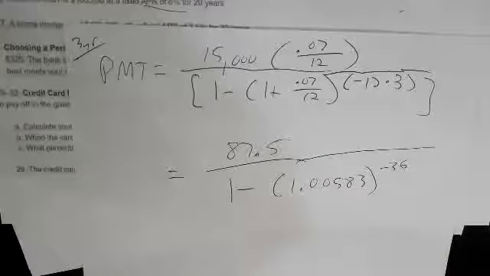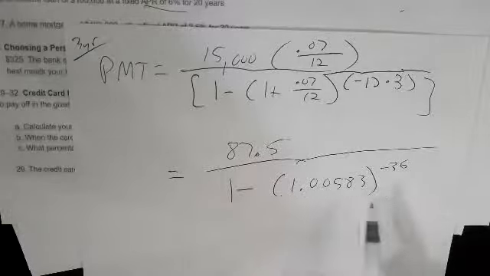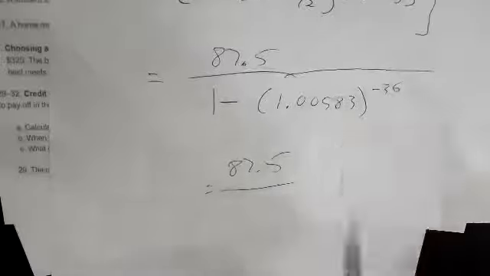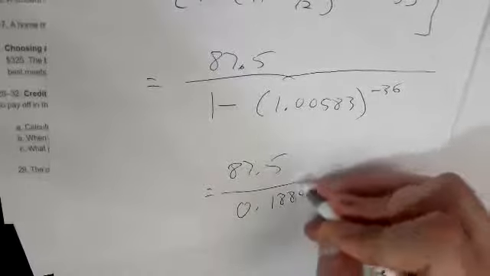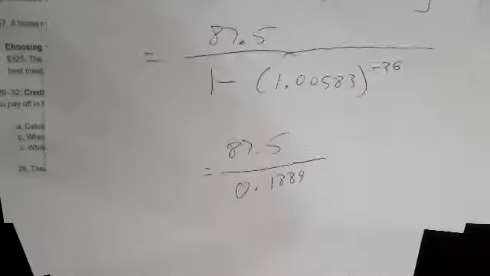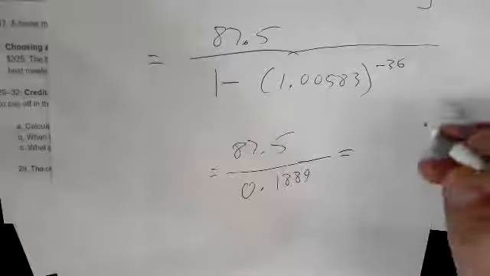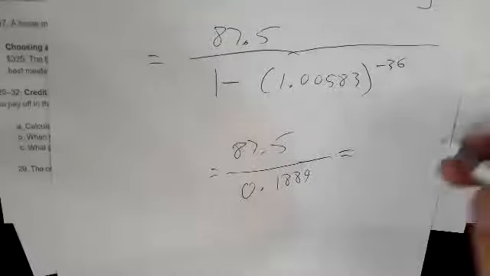This is giving me like 0.811. And so when I subtract that from 1, I'm getting something like 0.1889. When I divide these two numbers, I should be getting a payment of $463.21.